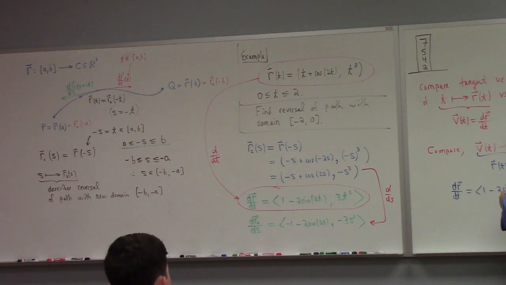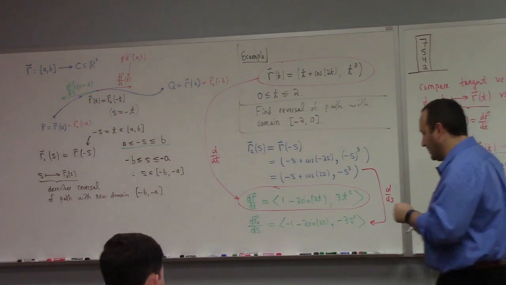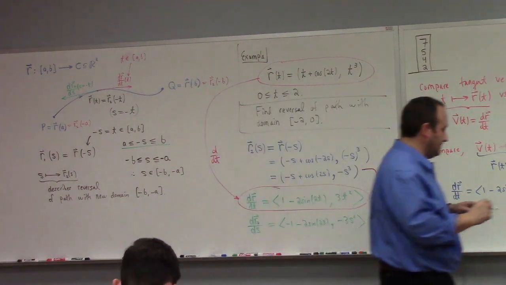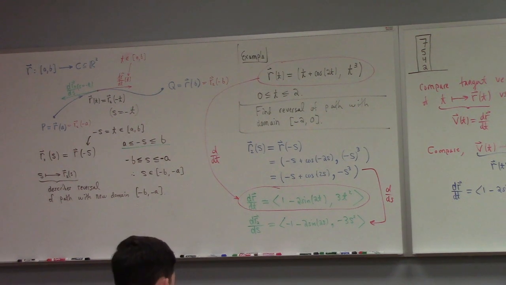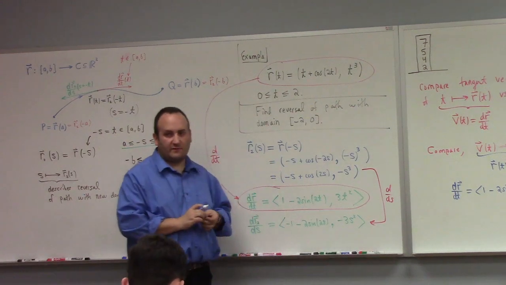Well, what's dr2 ds evaluated at s equal to minus t? Plug in s equals minus t. We've got minus 1, minus 2 sine of 2 times minus t, comma, minus 3 times minus t, parentheses squared. So I just plugged s equals minus t into the velocity of the reversal.